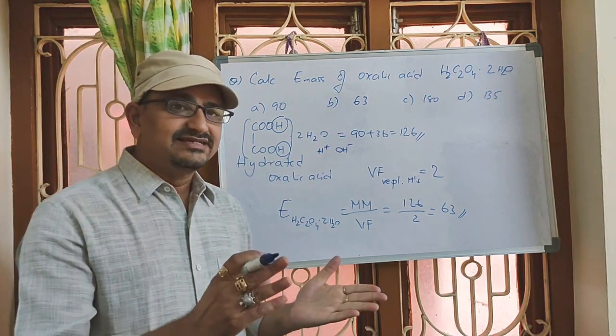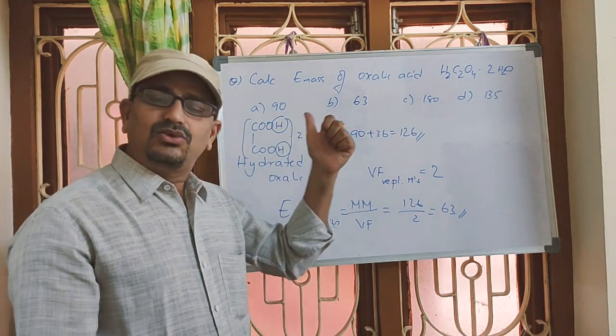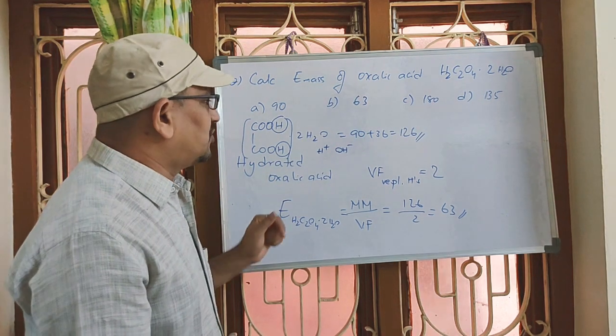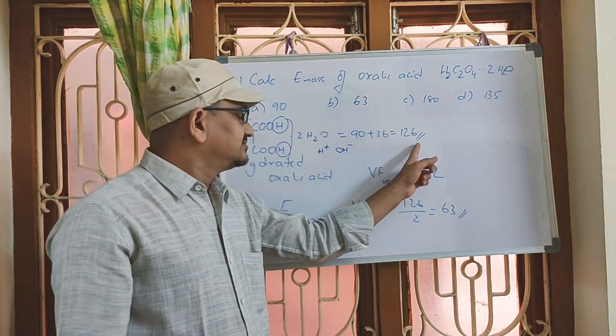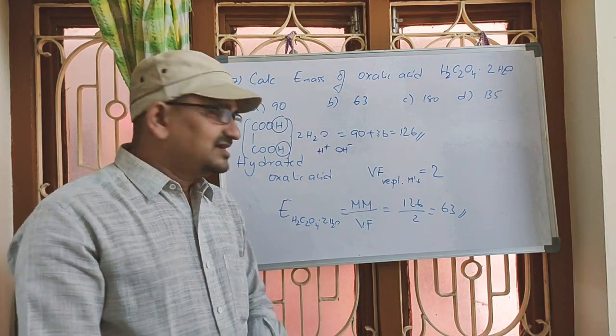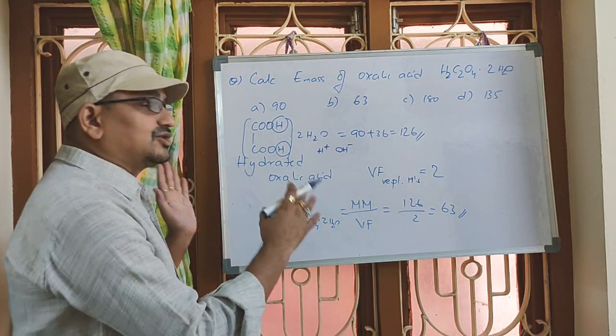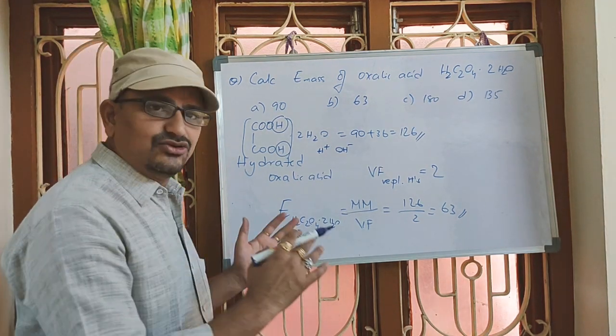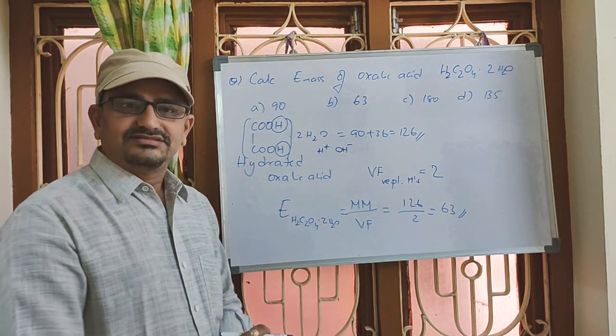If it is anhydrous, molar mass is 90, equivalent mass is 45. If it is hydrated oxalic acid, molar mass is 126 and equivalent mass is 63. So we need to practice these sorts of questions. There will be so many questions like this, and by selecting a good MCQ questionnaire, we can practice.